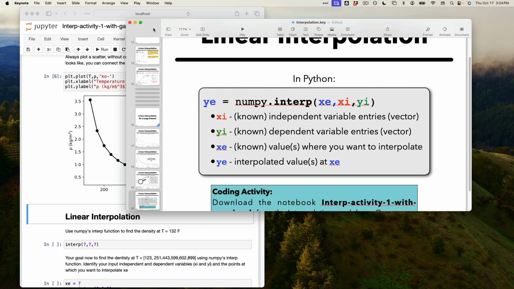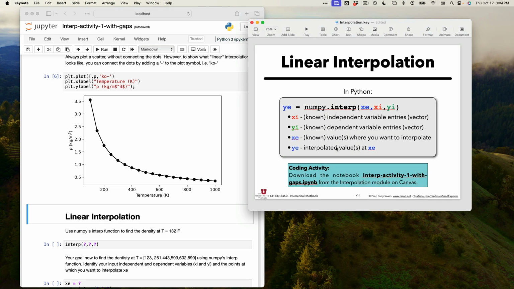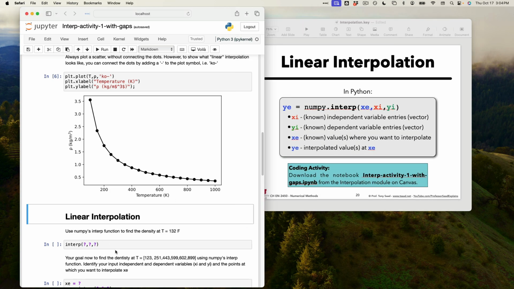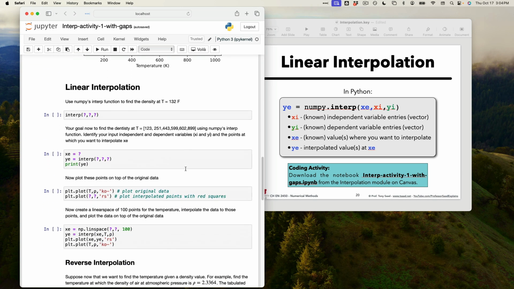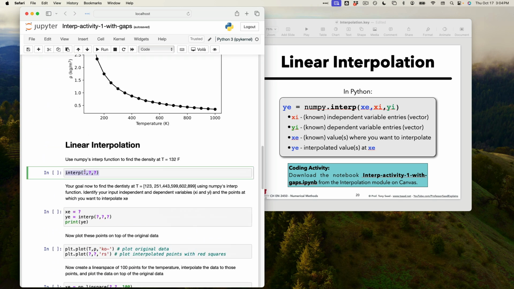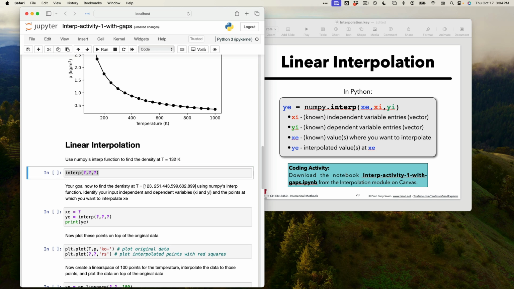Now I want to use the interp function, and I already imported interp from NumPy. Or you can do np.interp, it doesn't matter. But here I want to use NumPy's interp function to find the density at T equal 132. This should be Kelvin, actually.